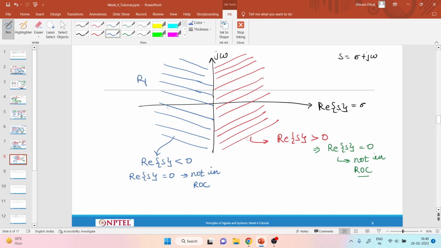Let's say this is R2 and this is R1, and if I consider R1 intersection R2, it is a null set. Anyway, in both the ROCs, real part of s equal to 0 is not included in R1 and R2, so by no chance will it be in R1 intersection R2. So if it is not converging in at least one of the x of t, its linear combination will not converge, and therefore at s equal to 0 it won't be converging.